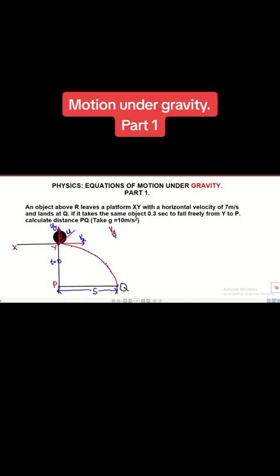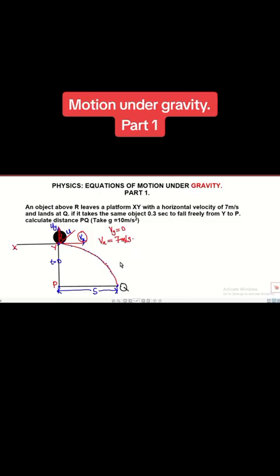So I'm going to say that Vy, which is the upward speed, called the vertical component, is going to be 0. Then there is a velocity which I have given as V sub x, which is called the horizontal component, and it is given as 7 meters per second.